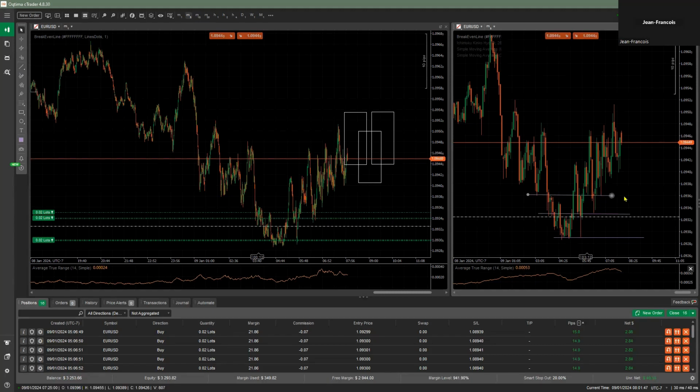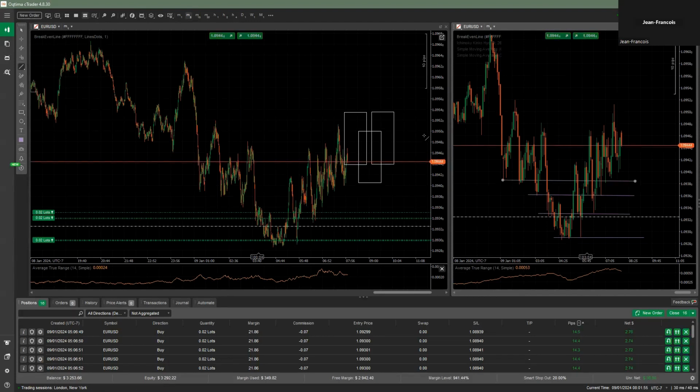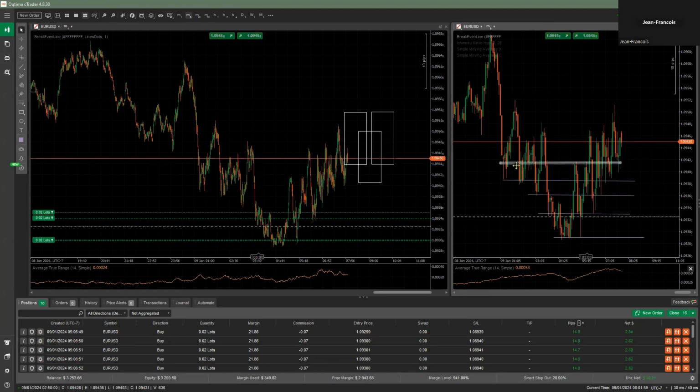It's giving you an idea that, hey, I'm going up the steps and not down the steps. And you're just, with your mind's eye, connecting the dots, trying to figure out where most of these wicks and most of these bodies connect. Stuff like this here: wicks, bodies, wicks. So that's a nice clean level.